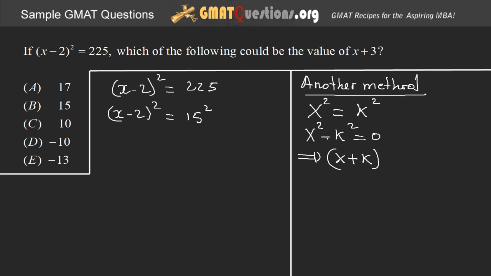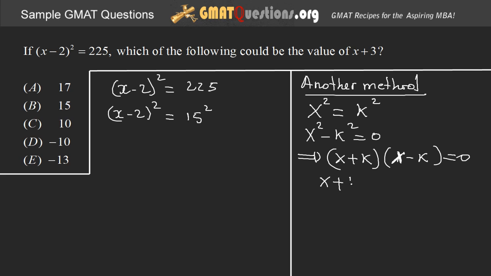This factorization is called the difference of two squares. It's a difference because of the minus sign, of two squares, and the factorization of this difference is (x plus k) times (x minus k), and it's going to be equal to 0. Sorry about my x here, the way I wrote it, but it's an x. So you know how to solve this type of equation.